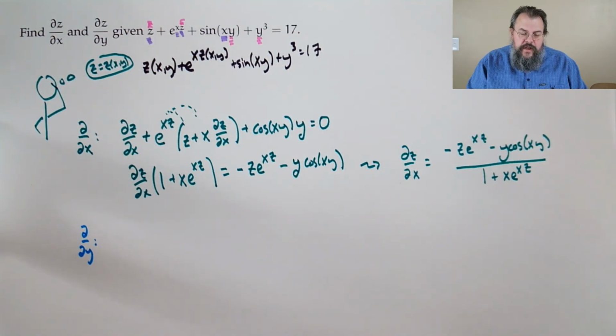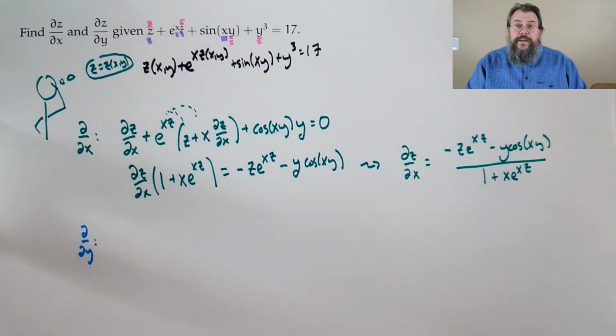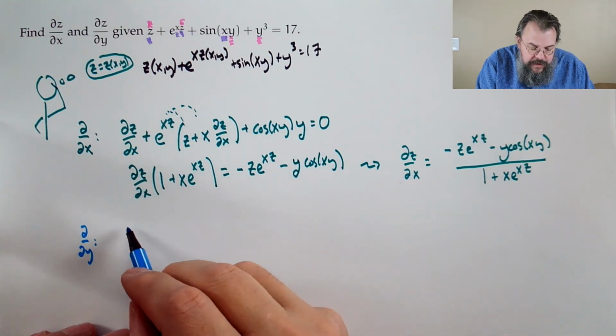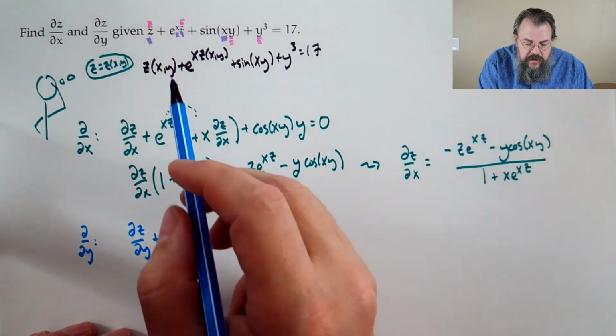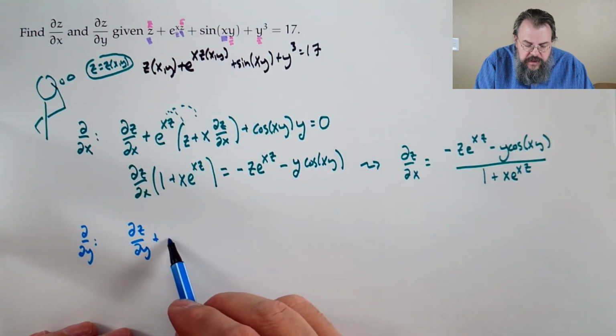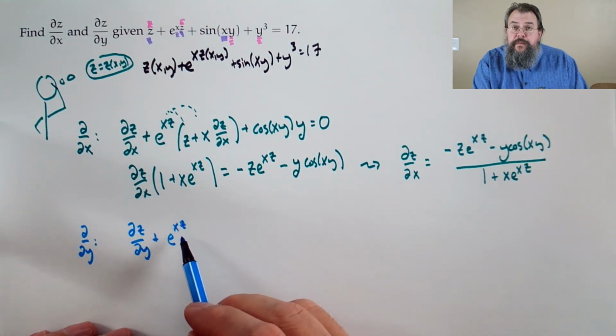So we go through and take the derivative with respect to y. Derivative of z with respect to y is the derivative of z with respect to y. Okay, well, that's not so bad. Cool. Go to the next term, chain rule. That'll be e to the xz times the derivative of x times z with respect to y.